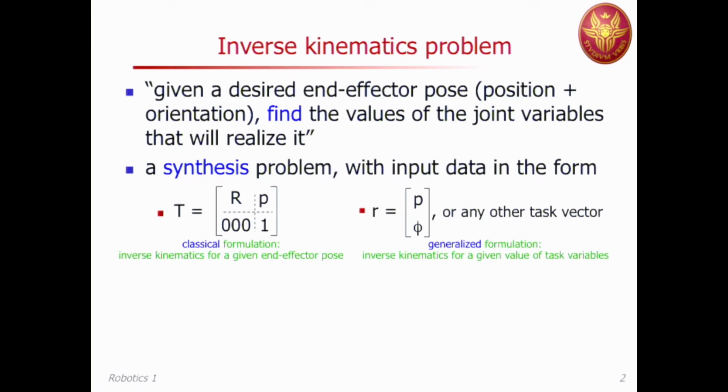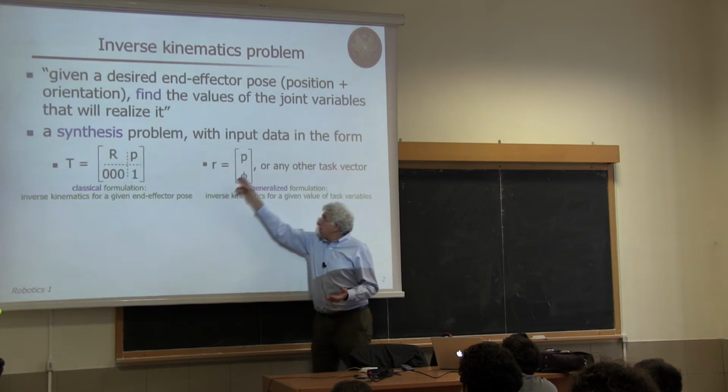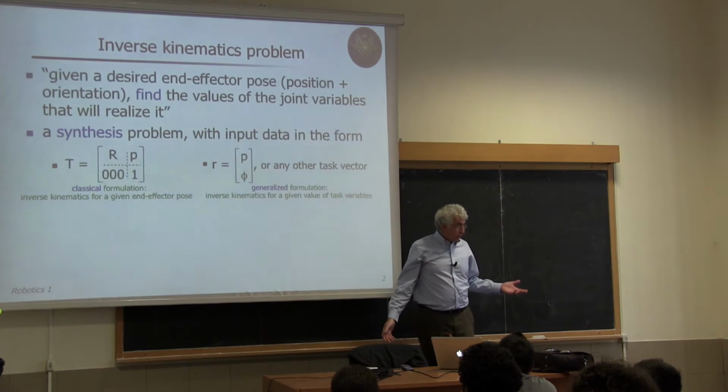So we have a desired r vector, the task vector. For instance, taking out of that the position of the end effector and the angles which represent the desired orientation of the end effector. Or maybe other values depending on the task kinematics that we are using.